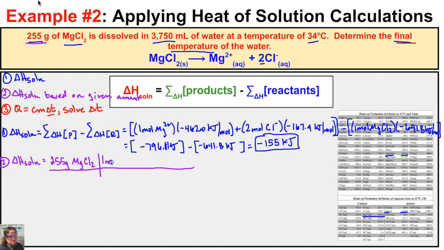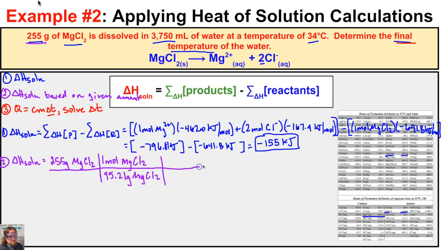And so we know 1 mole of MgCl2 from our periodic table of elements is 95.21 grams of MgCl2. So how did I get 95.21? Well, magnesium, if you look on your periodic table, is 24.31. Chlorine is 35.45 times 2. Add those together, and you get this right here.